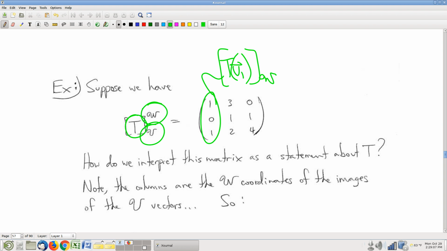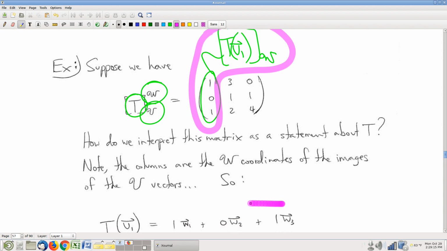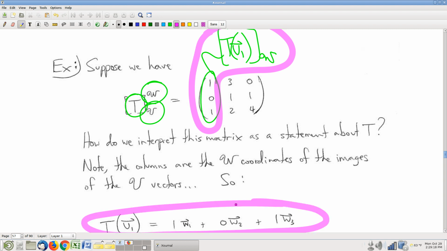And so keep in mind, this equation is identical to that equation. This that I have circled down below here is the definition of what that means. If a vector's coordinates with respect to a basis are certain numbers, that means that vector is that linear combination of those basis vectors.